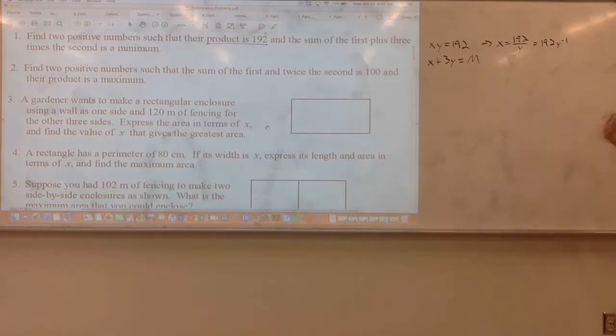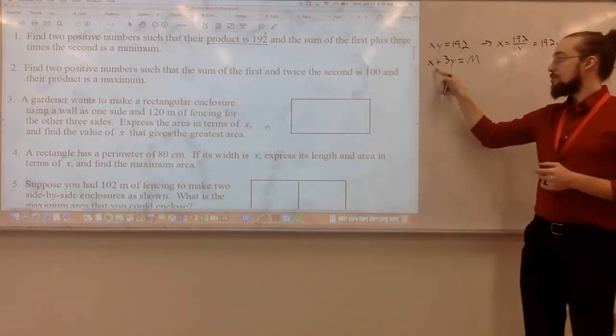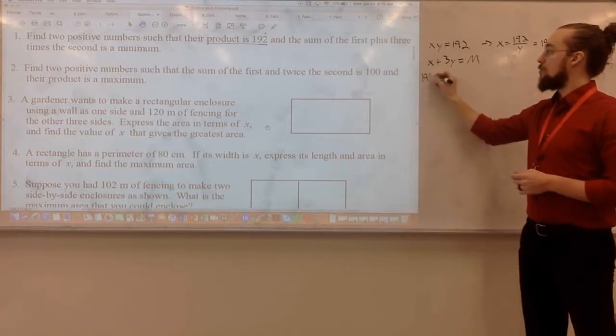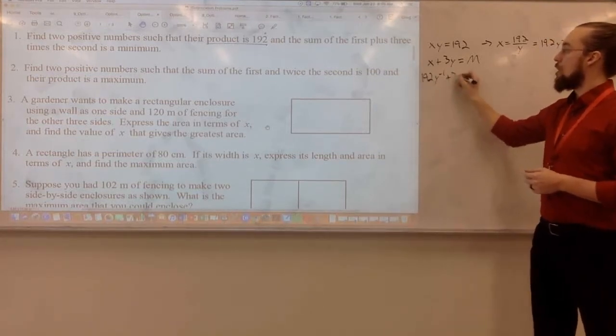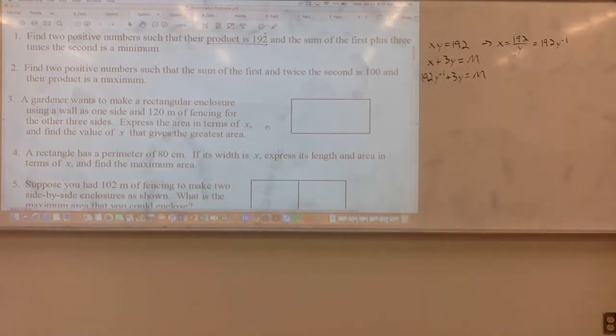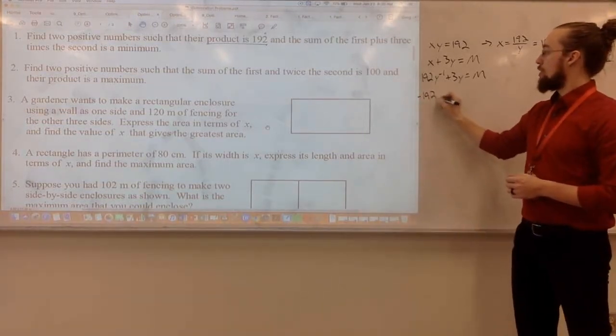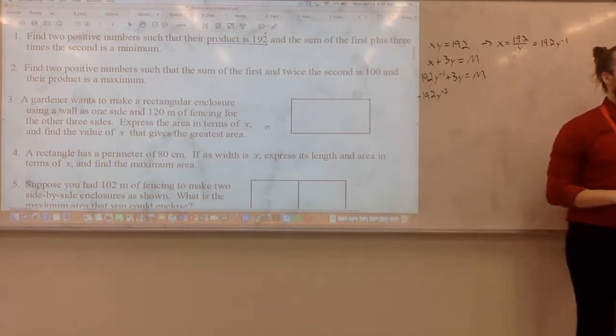Generally it's easier to think about negative exponents, so 192 over y, I can write as 192y to the negative first. So I'm going to replace my x with that, and I'll have 192y to the negative first plus 3y equals my function here. Now, if I want to minimize this, I want to take the derivative. So I will have negative 192y to the negative second.